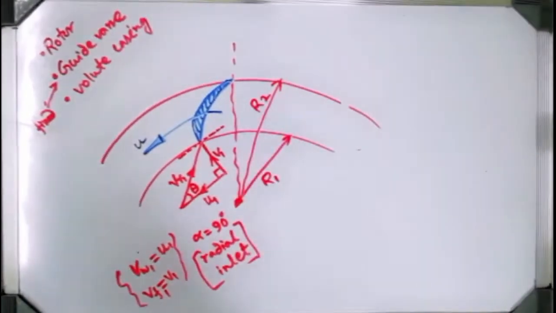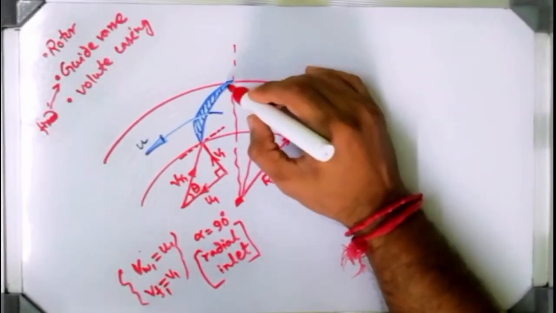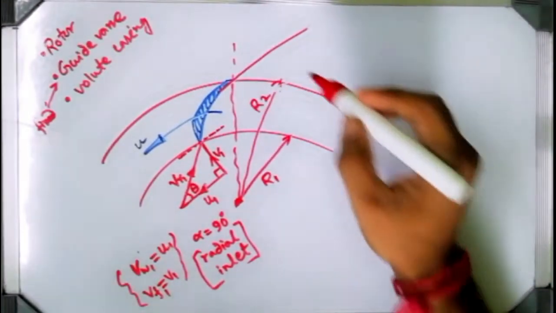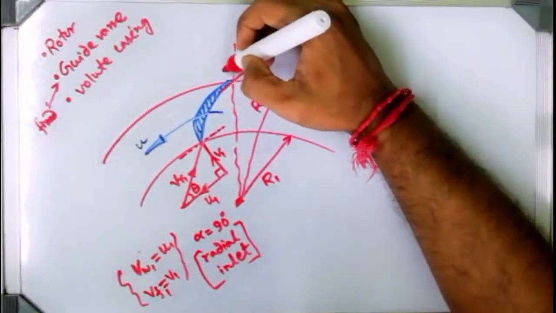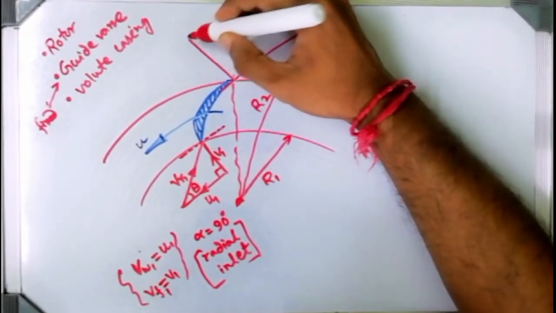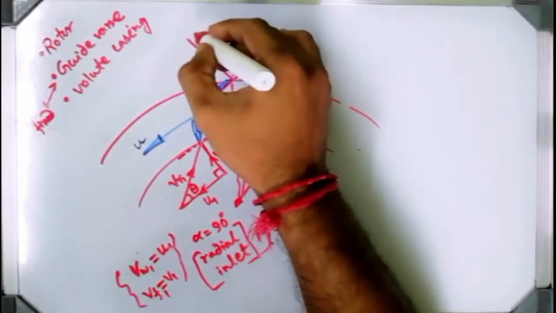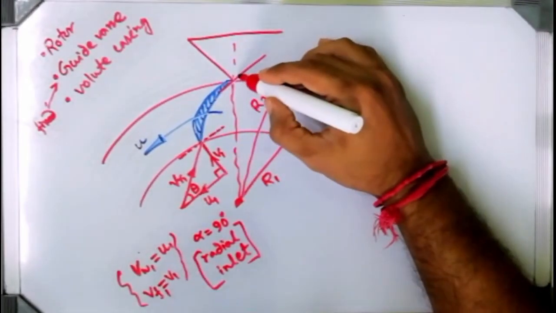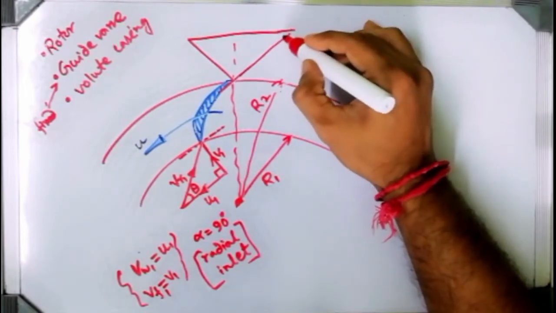Now if we consider the outlet diagram, along with this blade curvature, this will be the radial component, this will be the relative velocity component, and V1 will be in the same direction, kind of this.